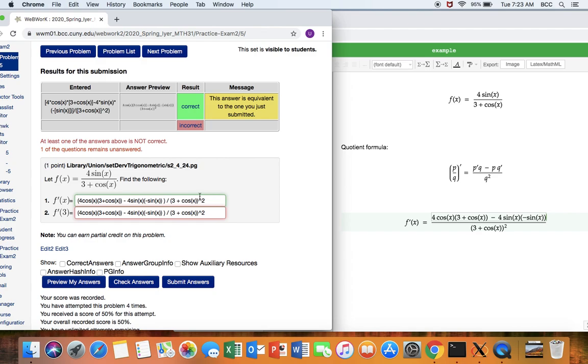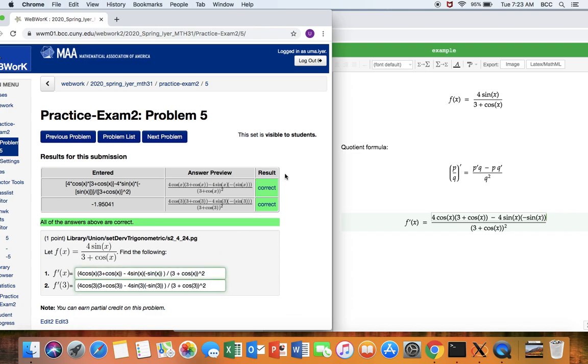But because I already have parentheses here, I'll simply place 3 wherever I see x. Okay, and hope and pray it works. It worked. All right, guys, this was problem 5.